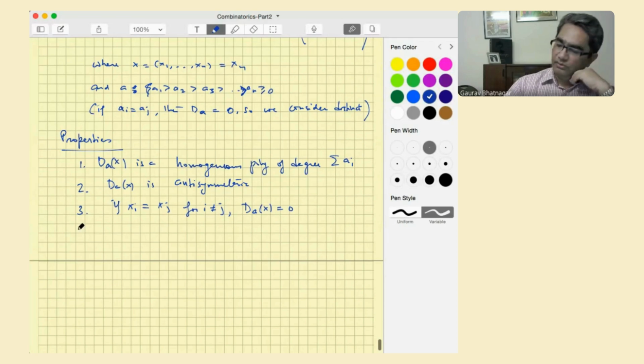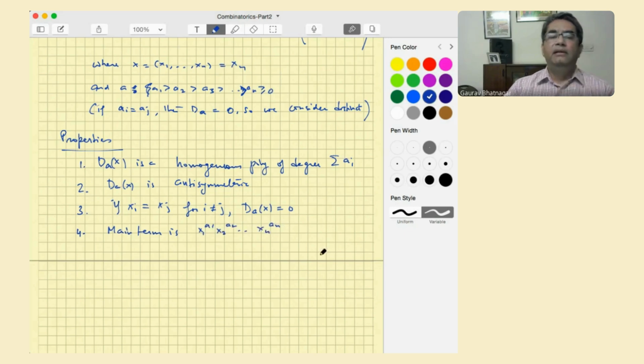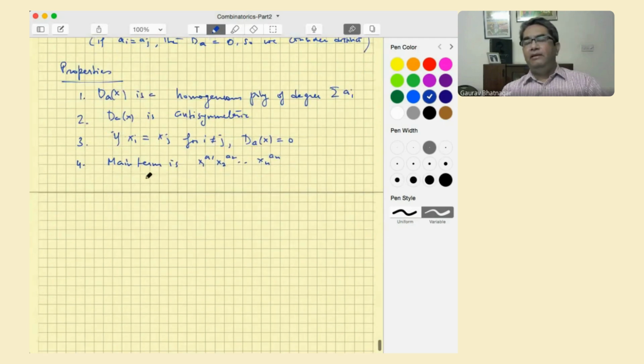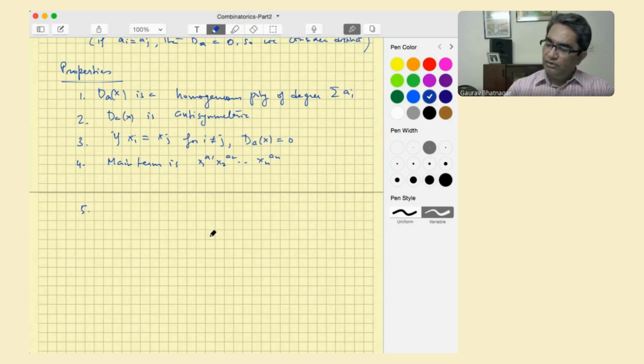So the main term is x1 raised to a1, x2 raised to a2, xn raised to an. So remember, our main term always was important, which was the highest power of x1 and highest power of x2 and so on.